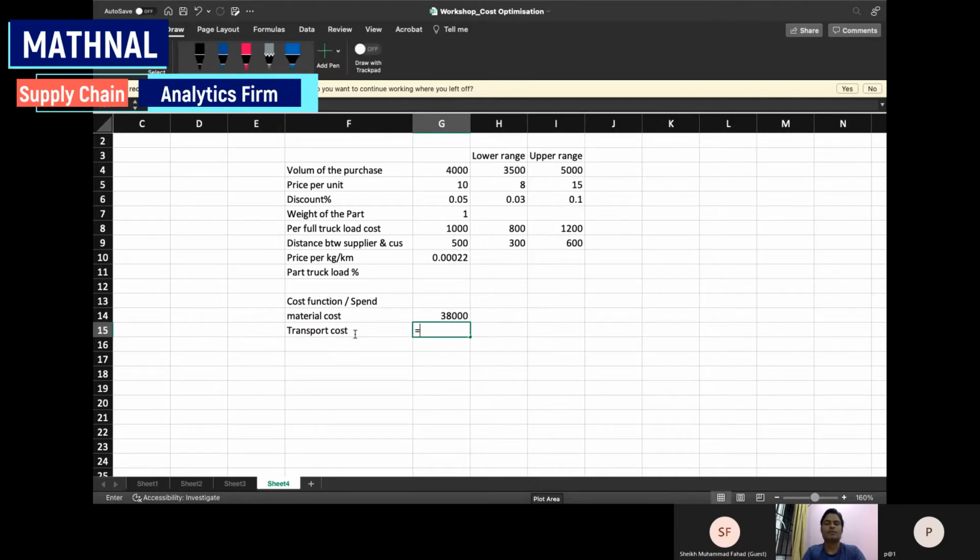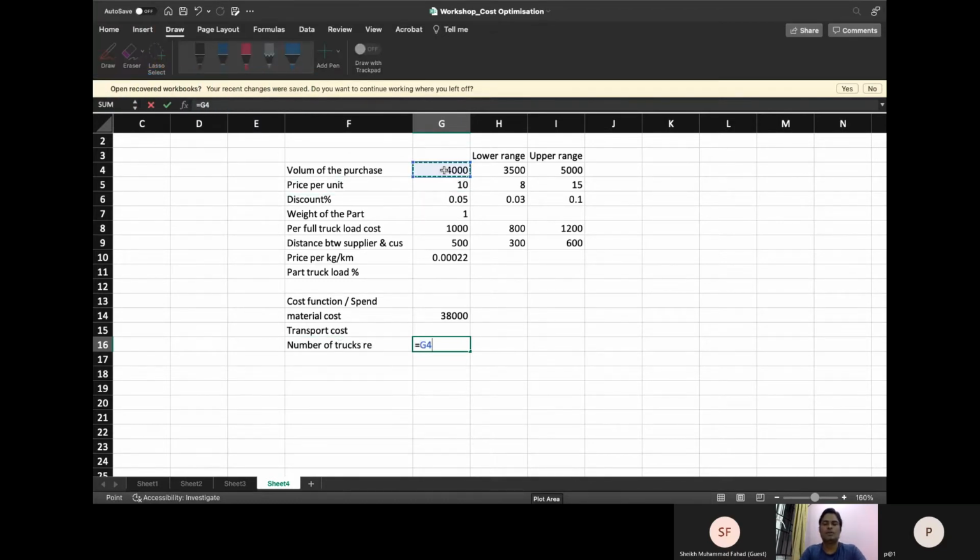First I will find the number of trucks required. This is 4,000 into the weight of one part, one unit. We have defined one more thing here: per full truckload weight, that is 9 tons, 9,000 kg. It's also constant.